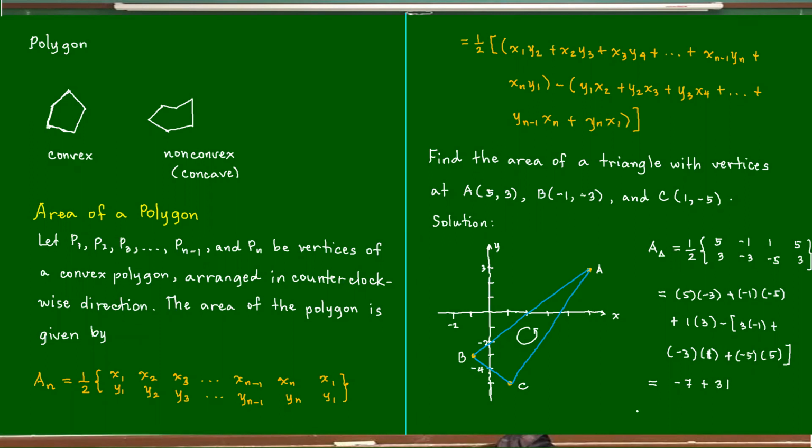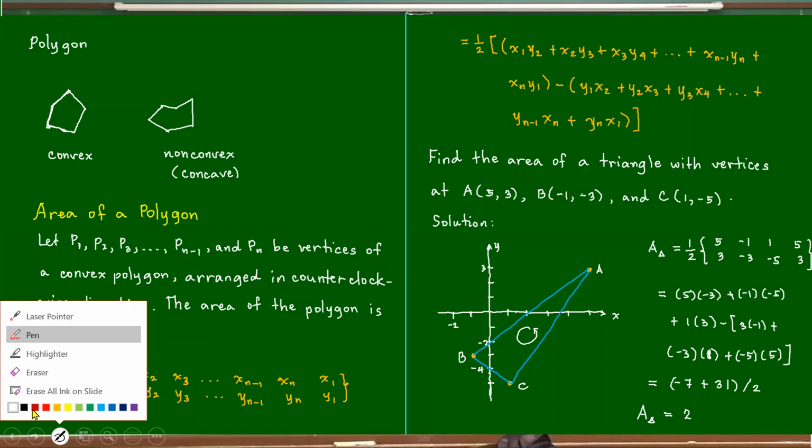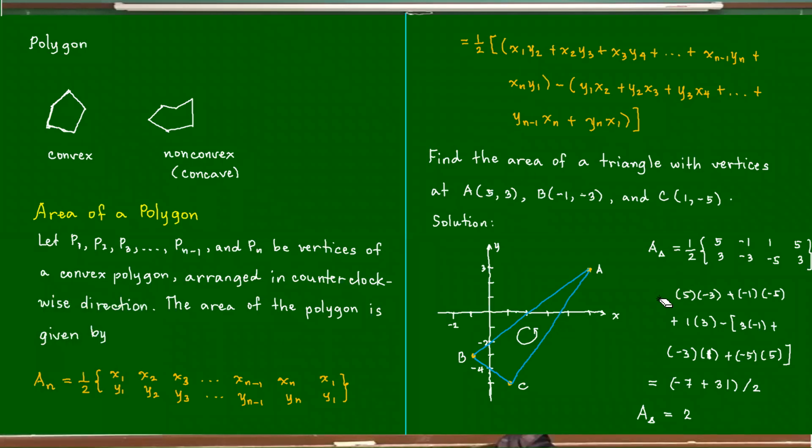What is now the area? Guys, 12 units, sir. 24 divided by what? Okay? So I think I missed the 1/2 in front here.